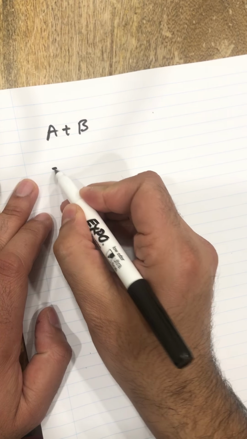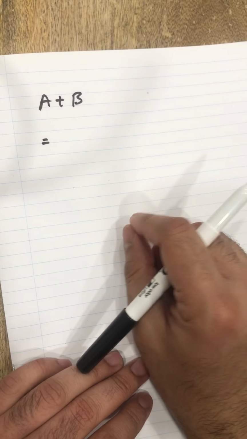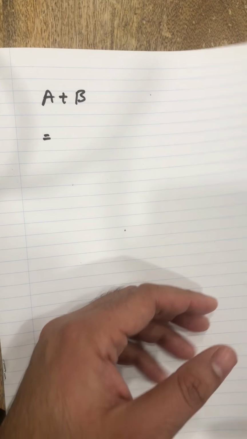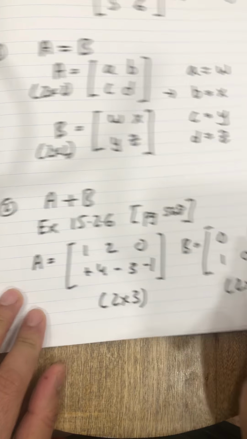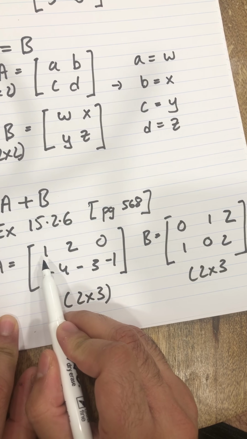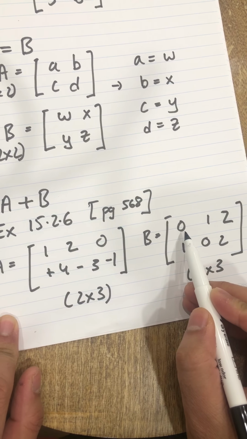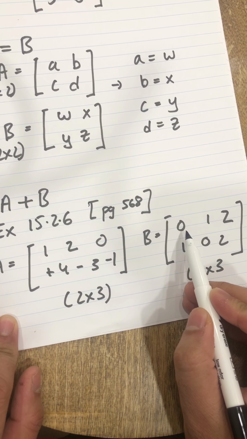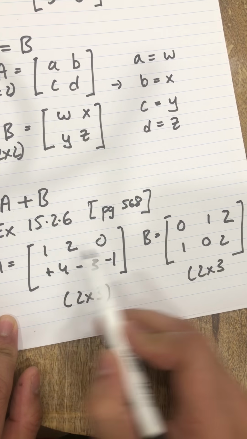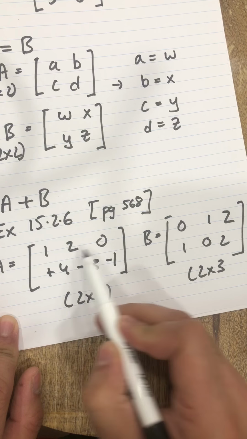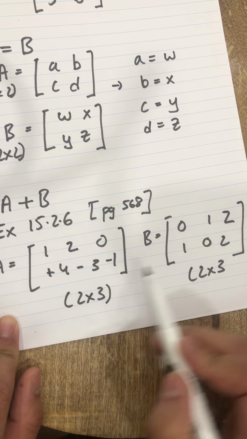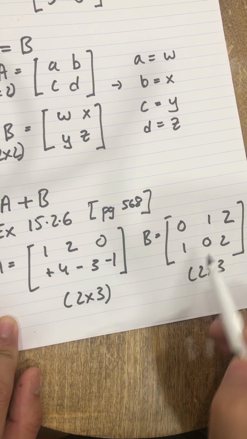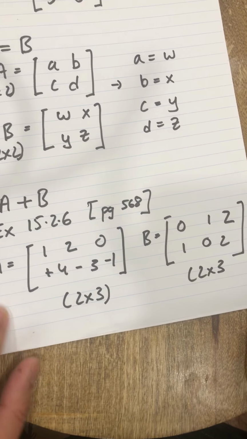So what you do is you take each element of matrix A and add it with the corresponding element in matrix B. So it's going to be 1 plus 0, 2 plus 1, 0 plus 2, 4 plus 1, minus 3 plus 0, minus 1 plus 2.